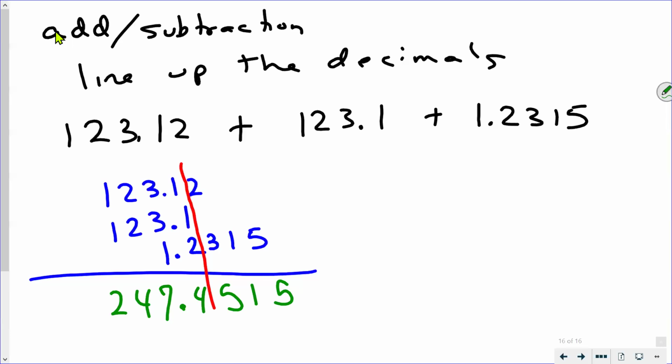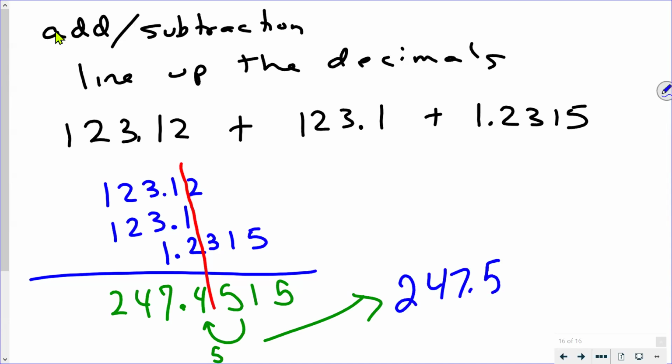I look at this number here and ask what it does to that number. Does it leave it at a 4 or push it up? So my final answer is 247.5. For addition and subtraction, it depends on the number of digits after the decimal.